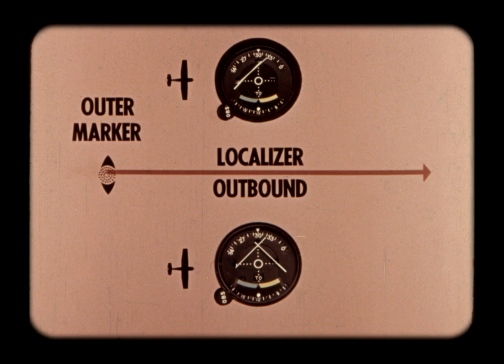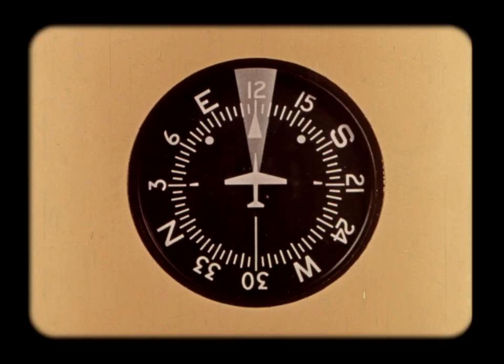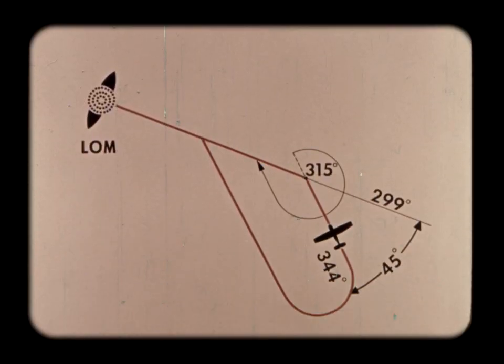Remember, while tracking outbound, there will be reverse needle sensing, so turns should be made opposite to the direction of needle deflection. In tracking the localizer course outbound, remember the CDI is more sensitive, so heading corrections should be limited to 10 degrees. Once established on the inbound leg of the procedure turn, on a heading of 344 degrees, the airplane will approach the localizer course at a 45-degree intercept angle.